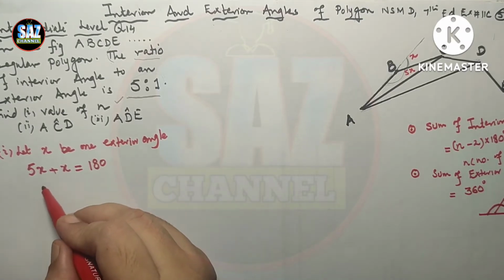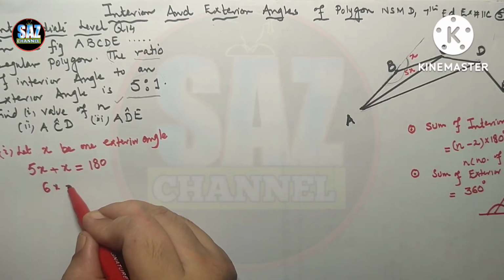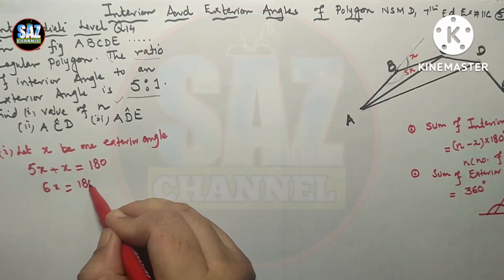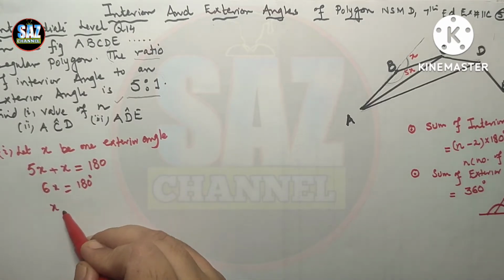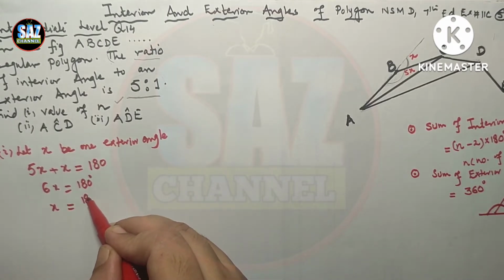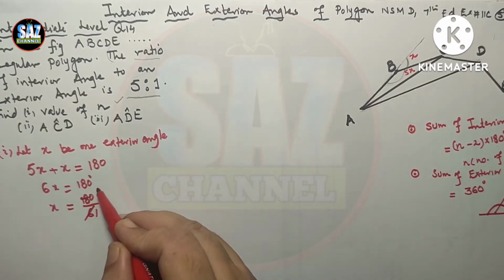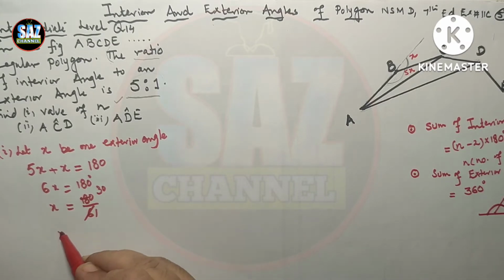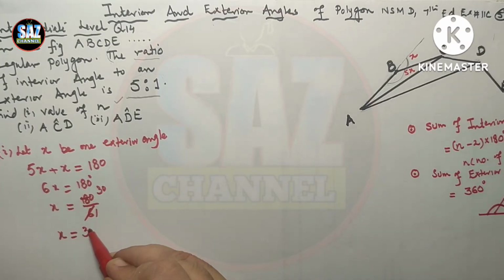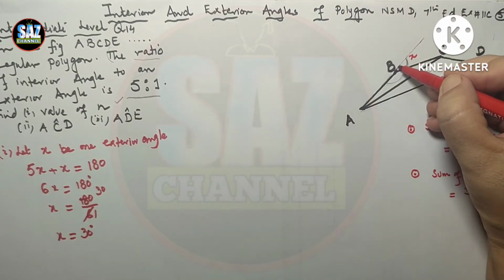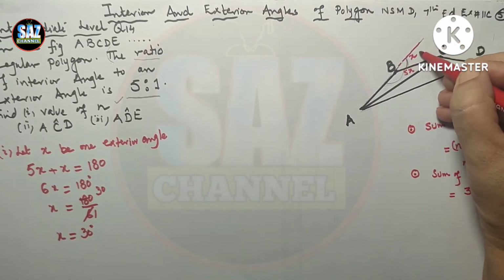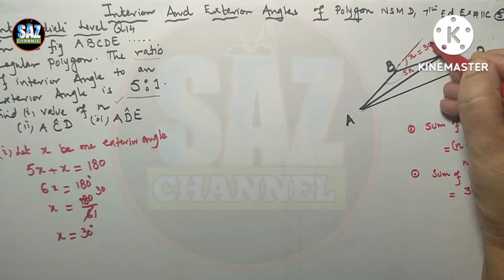This gives me 6x equals 180 degrees, and x equals 180 upon 6, so x equals 30 degrees. It means the size of one exterior angle is 30 degrees.